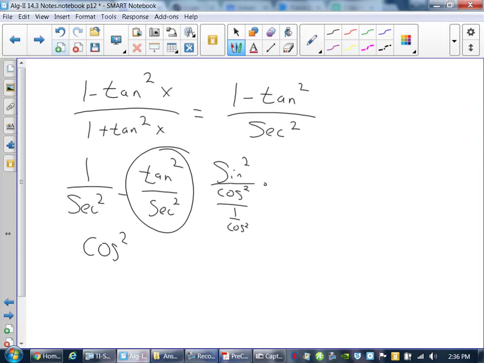So this comes up and I multiply by cosine squared over 1, and I get cosine squared minus sine squared. That's not pretty, but it's quick. But it asks you to verify it equals 1 minus 2 sine squared. So what do I rewrite the cosine squared as? 1 minus sine squared.